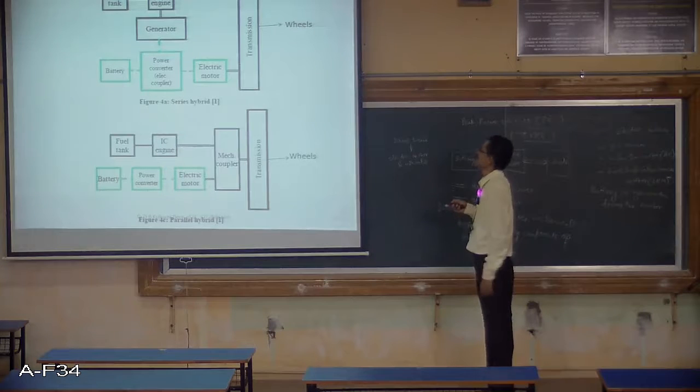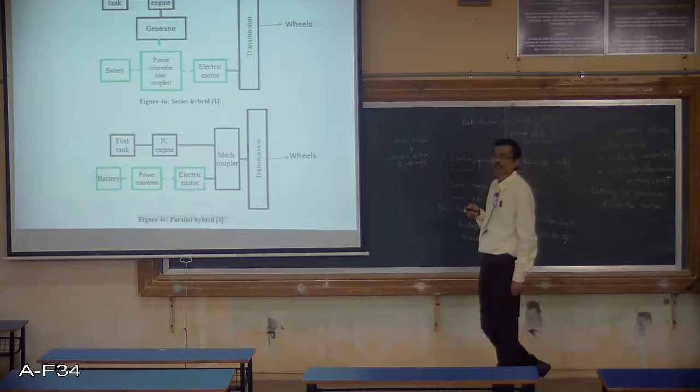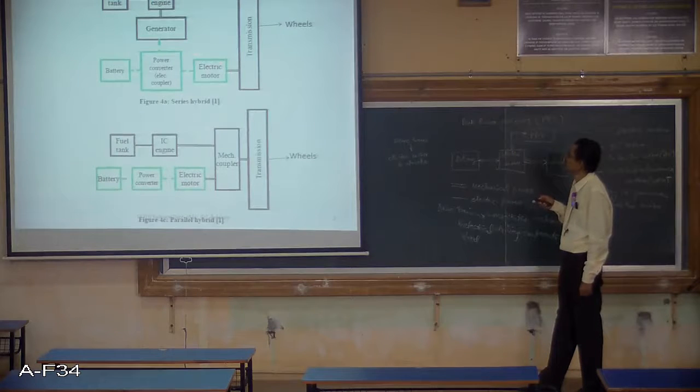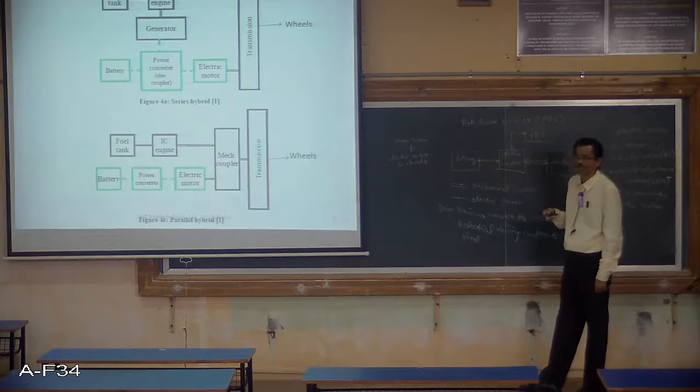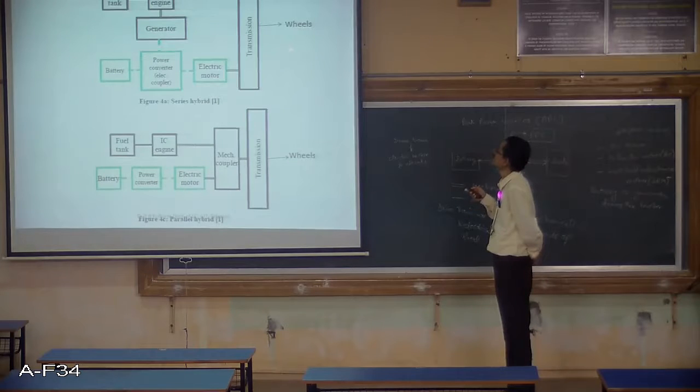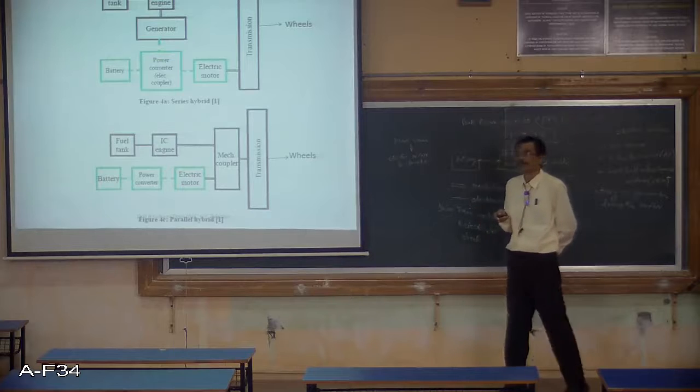It is nothing but the electric motor itself will drive the mechanical arrangement or mechanical drivetrain. So this electric motor is the only source of producing the mechanical power output or driving power, and this is transferred to the wheels using this drivetrain technology.